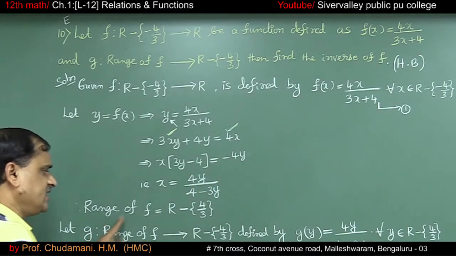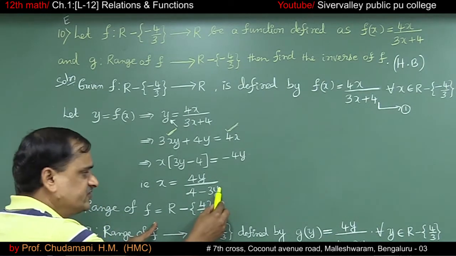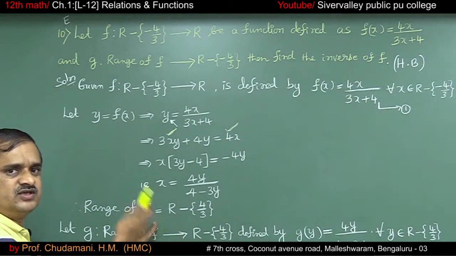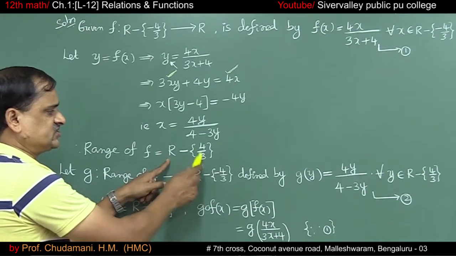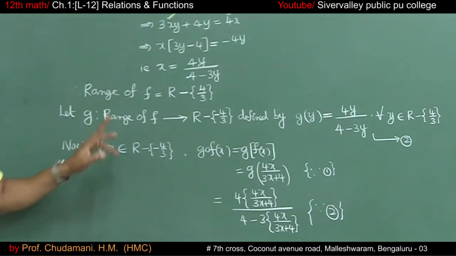So therefore the range of the function should be: y should not be 4 by 3. If y is 4 by 3, the 3 gets cancelled, 4 minus 4 is 0. Anything divided by 0 is not defined again. That's why the set of real numbers except 4 by 3 is the range of the function.